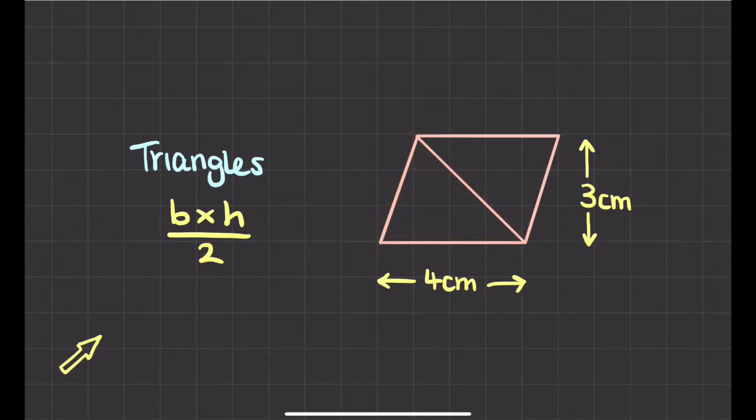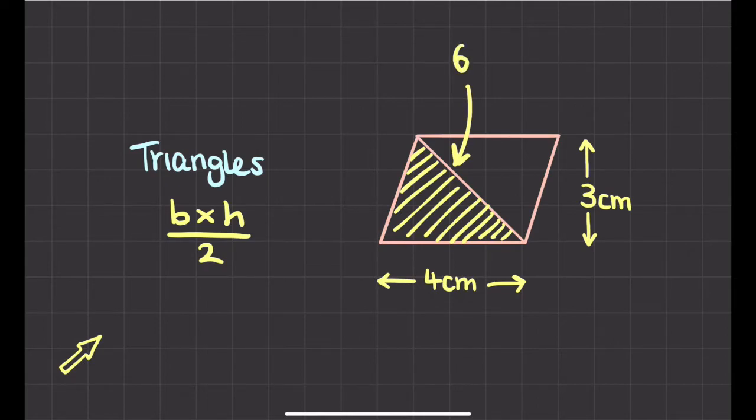So if I was looking at just this triangle, the area for this one would be 3 times 4 and then divided by 2. So what's that going to be? 6 centimeters squared.